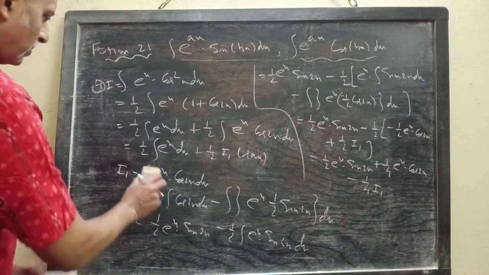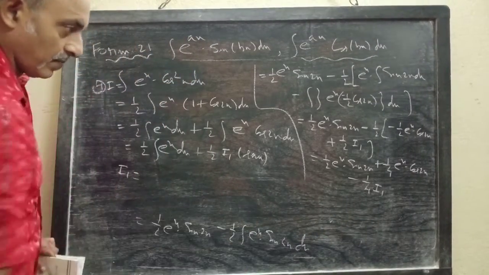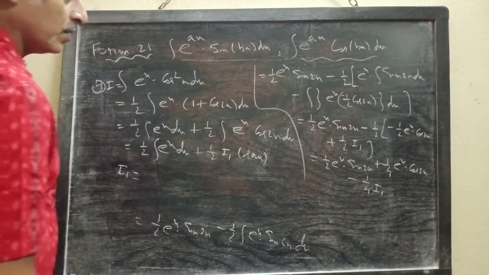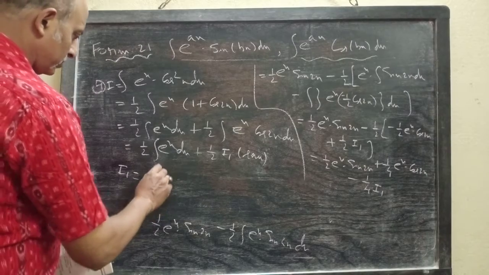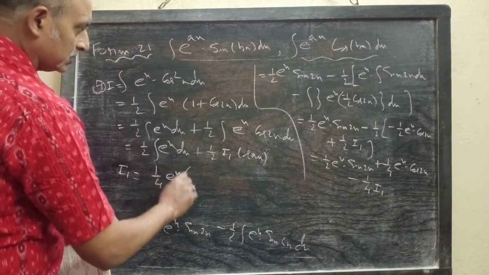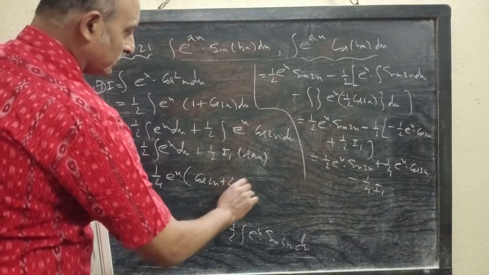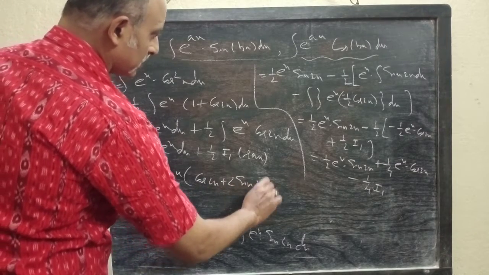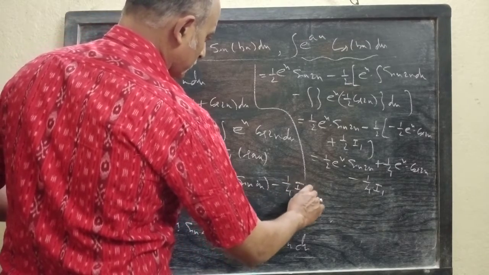I am erasing from here. If you take 1 by 4 e to the power x common, then you get cos 2x plus 2 sin 2x, minus 1 by 4 I1.